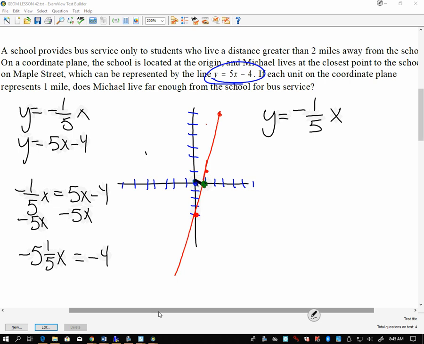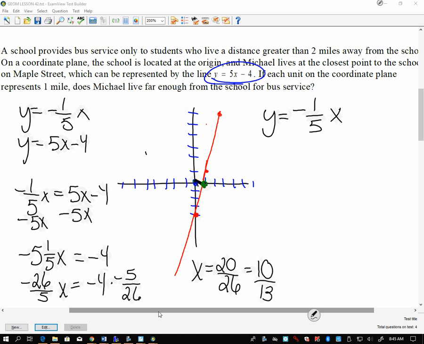So you said -26 over 5. Because I have to multiply by the reciprocal, I'm going to multiply by -5 over 26. That's 20 over 26, which should reduce. I can divide by 2 and get 10 over 13.